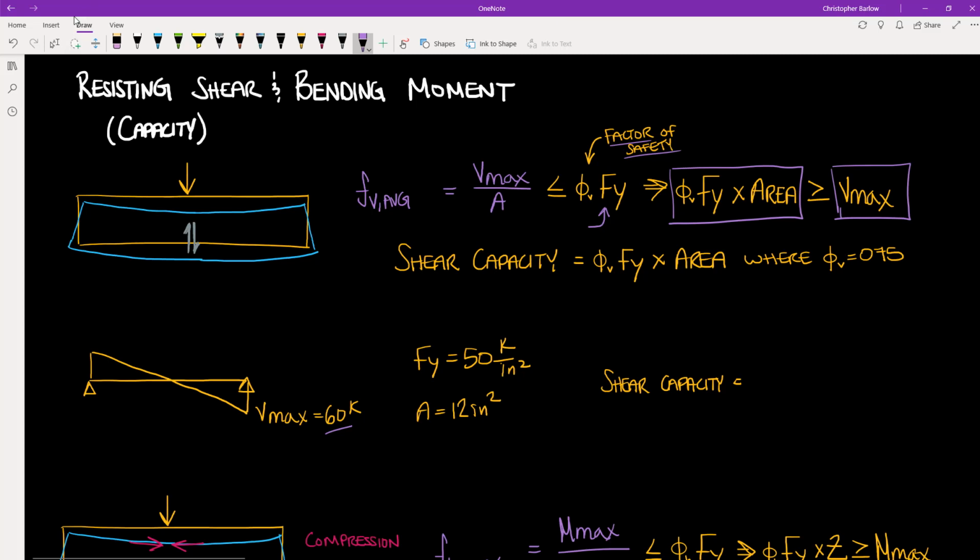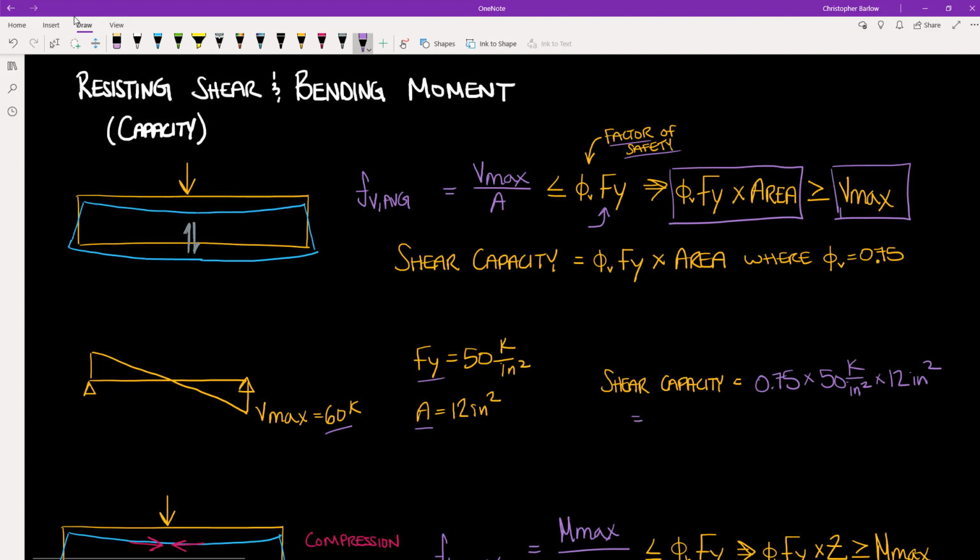So, shear capacity is going to be equal to our phi factor, which for shear is equal to 0.75, times our design yield stress Fy, which is given as 50 kips per square inch, multiplied by our cross-sectional area of 12 inches squared.